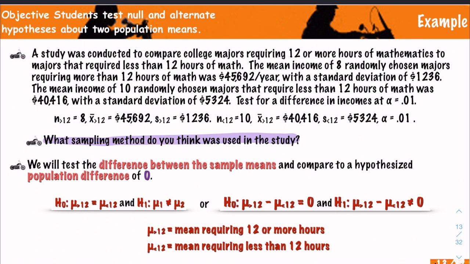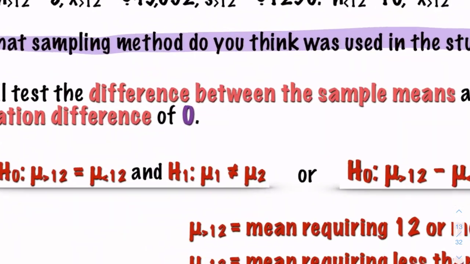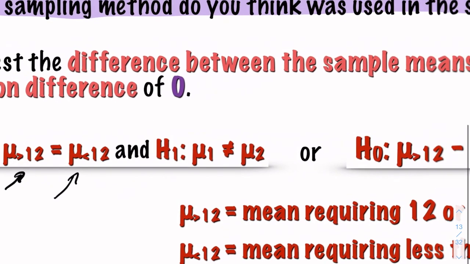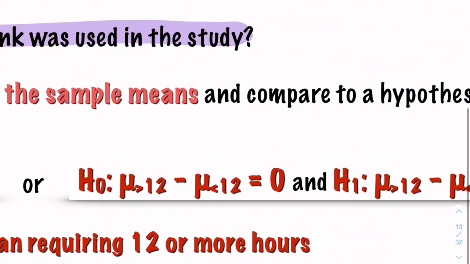What we are going to hypothesize here, as I zoom in, our null hypothesis is that the average salary for majors that have over 12 hours of math is going to be the same as the average salary of majors that require less than 12 hours of math. With our alternate hypothesis being that the means are different. Or we can think about it this way.